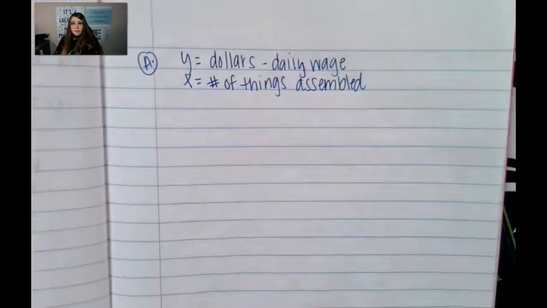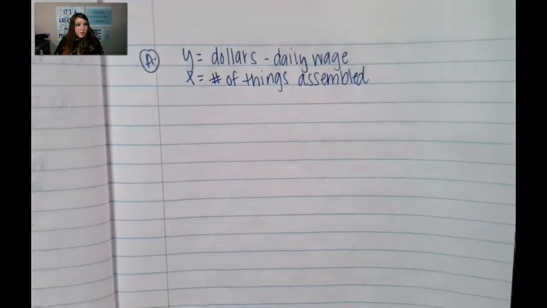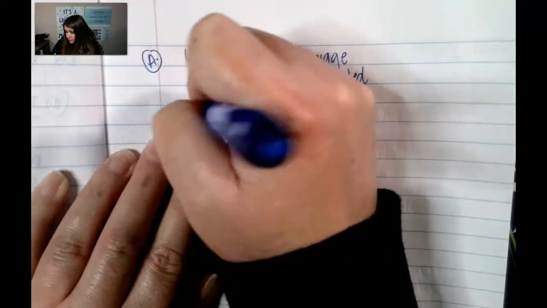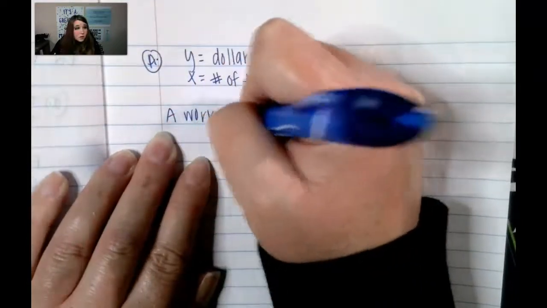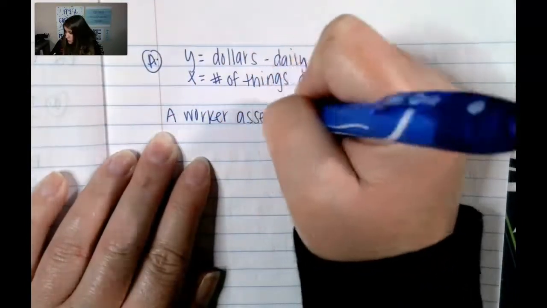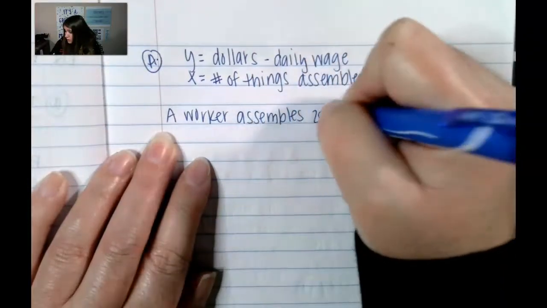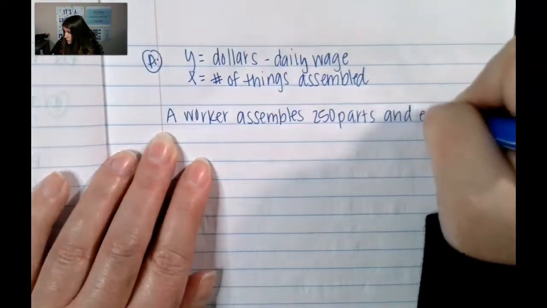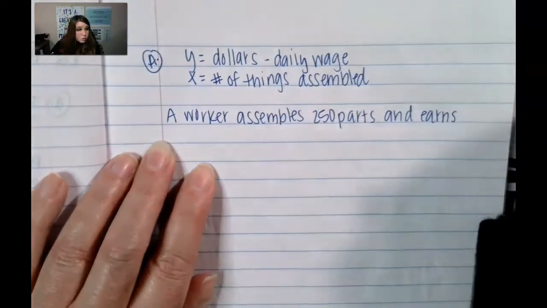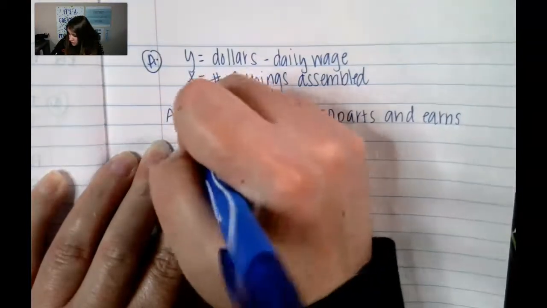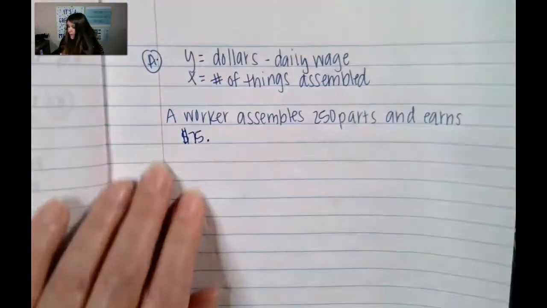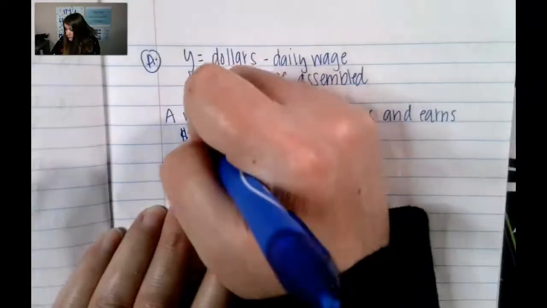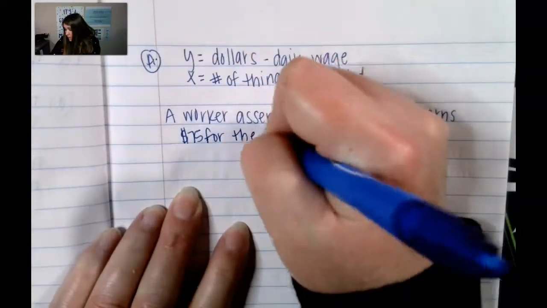All right. So our first X value, so I'm going to write out what it says. It says a worker assembles 250 parts and earns $75. Okay, per day. So this is in a day. Let's write that for the day.